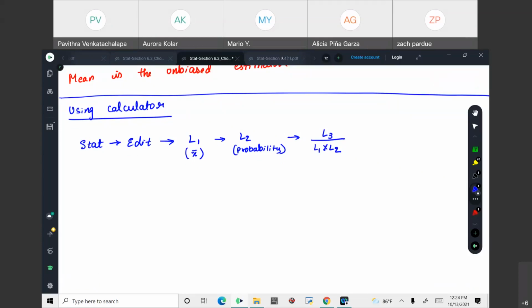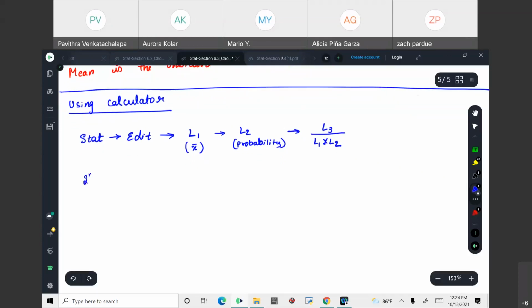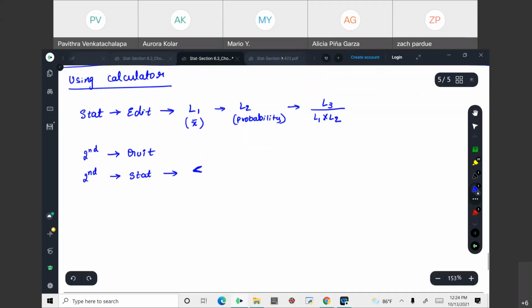Okay, so after you do this, the next step is click on second, quit. Next is second, stat, and this is the left button which you have in your calculator. Okay, and then go to 3, clear.